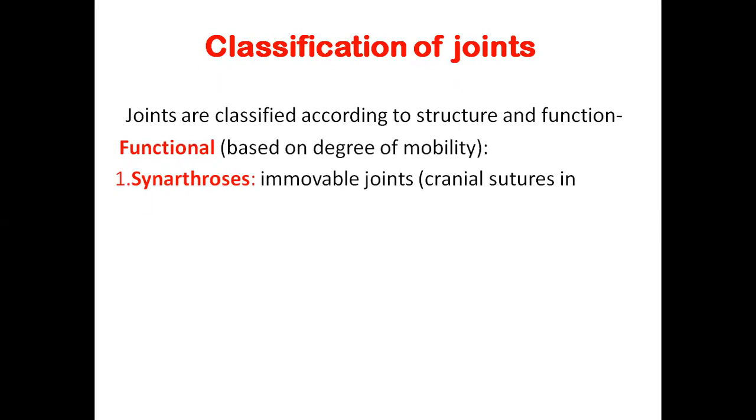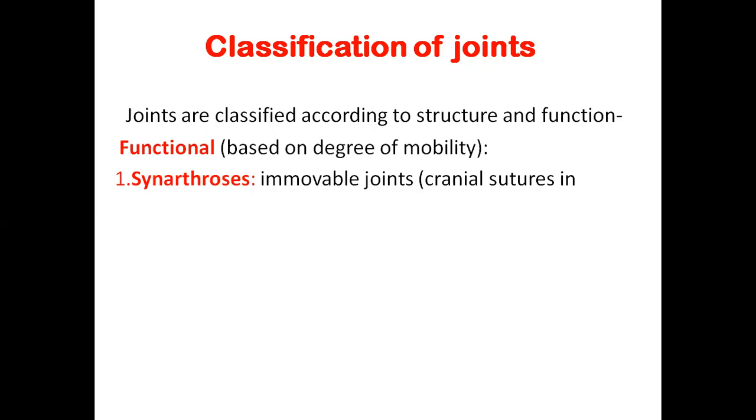The function of the joint means the movements performed by these joints, either they are freely movable, or they have slight movement, or they have no movement at all. So this shows the functional classification, and the other classification of the joint is on the structure basis, that is, what structures are present in between the adjoining bones in case of a particular joint.